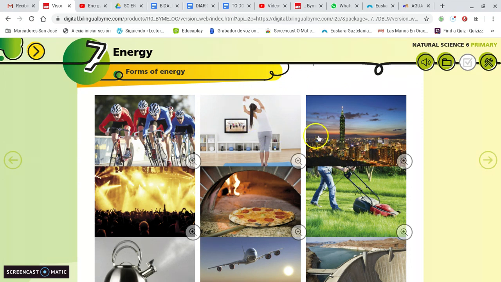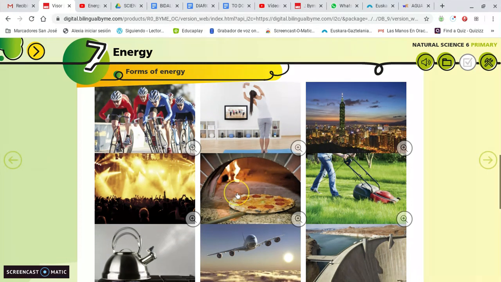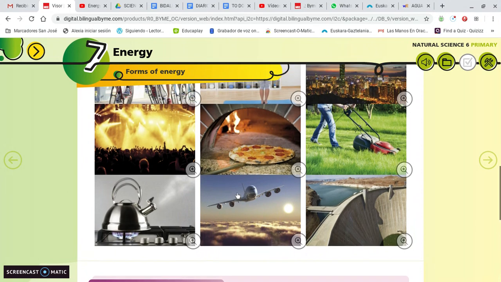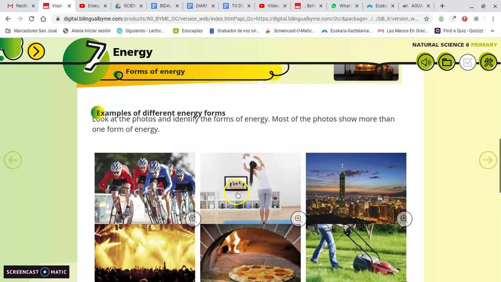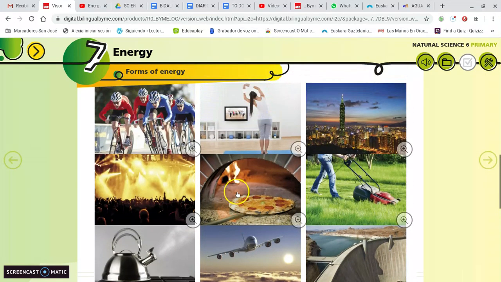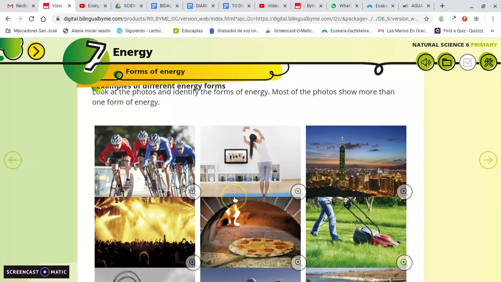Okay, right here you have some photographs that you can use to check what forms of energy you see in them. Do you see light energy? Do you see heat? Do you see potential energy? Do you see mechanical energy? What type of energy can you see in these photographs? You can have a look and try to guess, right?